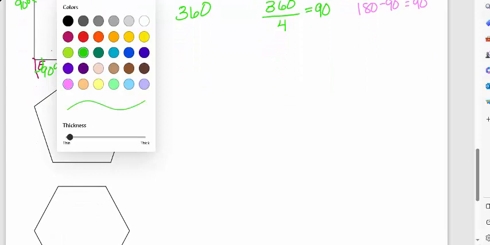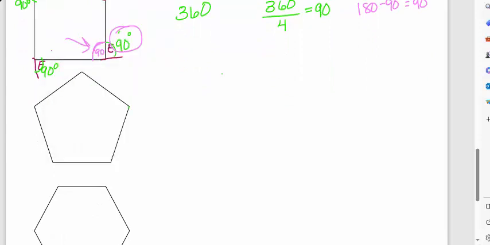For the next one, let's look at our pentagon. How many degrees is it going to be if we add up, if we extend the sides here? If we add up all of these exterior angles, we are going to get 360 degrees. So if we want to know what the measure of one exterior angle is, we do 360 divided by, and there's 5 sides here, 5 angles there.